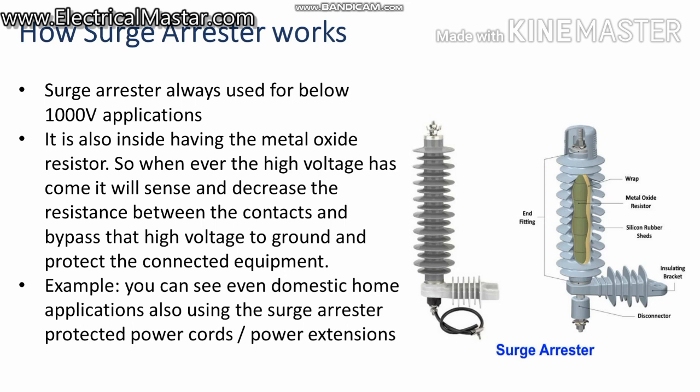If you connect a surge arrestor socket, it automatically prevents that extra high voltage from entering our socket. So if it is a 240 volt socket and 300 volt comes, the extra 60 volt automatically drops to the ground, and only the rated 240 volt enters our circuit. So this is the purpose for which we use a surge arrestor.